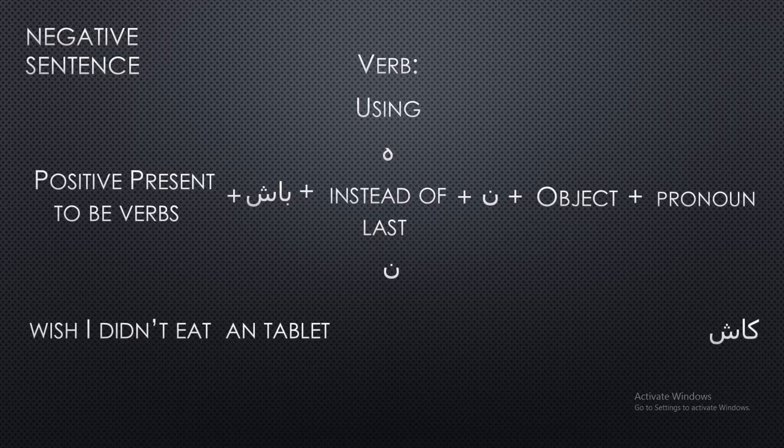Okay, and for our sentence, we use the pronoun at first. I didn't eat a tablet. I is our pronoun, which means man. And after that, we should use the object. Object is tablet. Tablet means قرص.